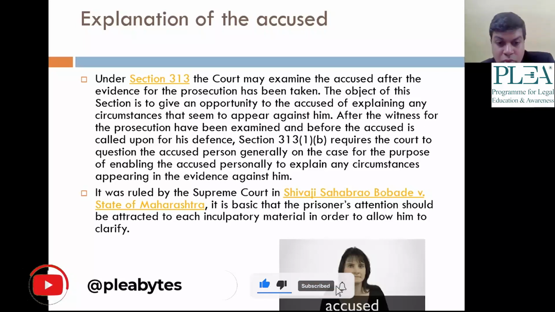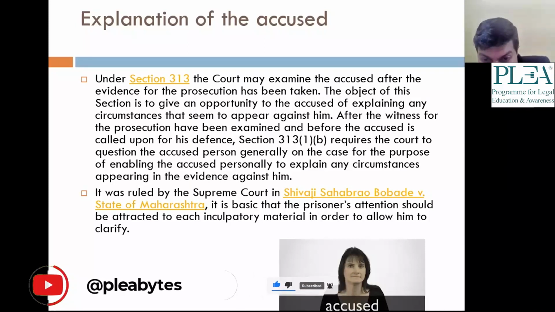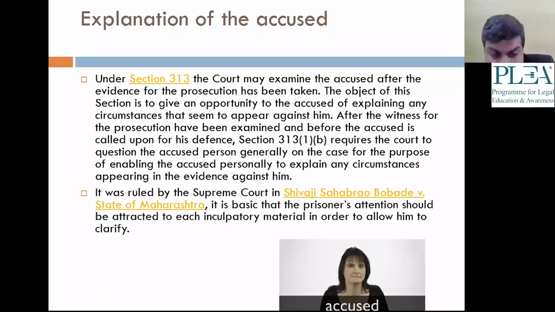It was ruled by the Supreme Court in Shivaji Sahab Rao Bobade versus State of Maharashtra that it is basic that the prisoner's attention should be drawn to each inculpatory material in order to allow him to clarify.